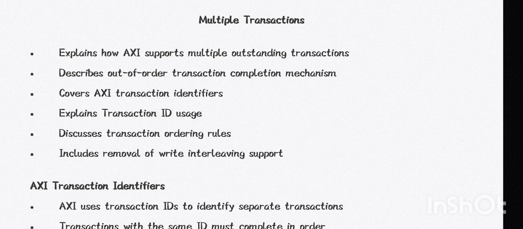Masters can send new transactions without waiting for previous ones, improving system performance through parallel transaction handling. Slaves return the same AXI ID in the response ID or read data ID responses.